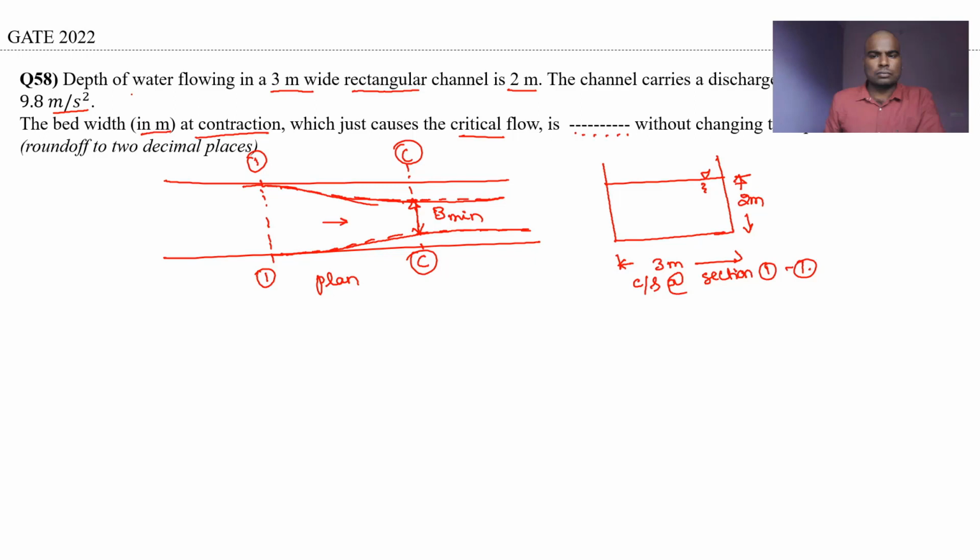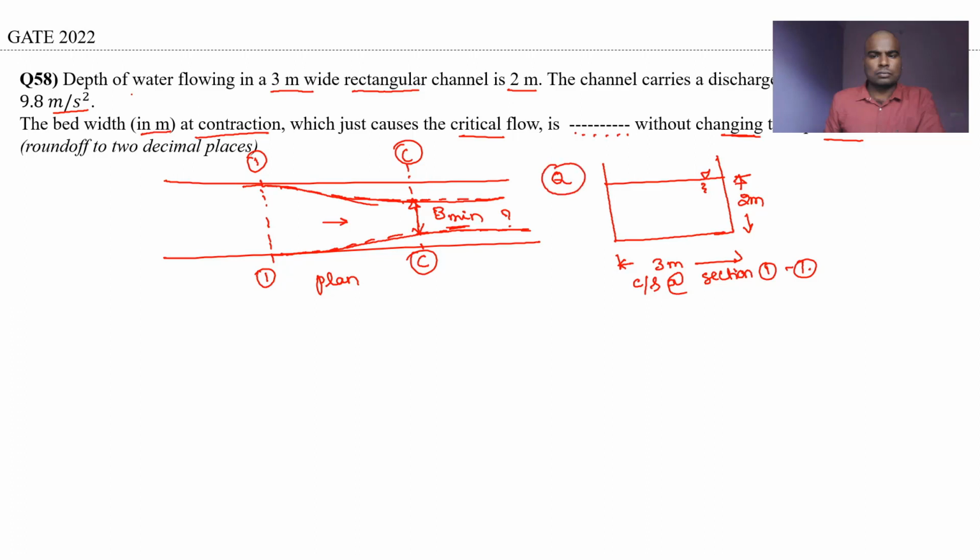Now they have asked you to calculate this value without changing the upstream water level, which means the channel should carry the same discharge Q, but it should have a minimum width.